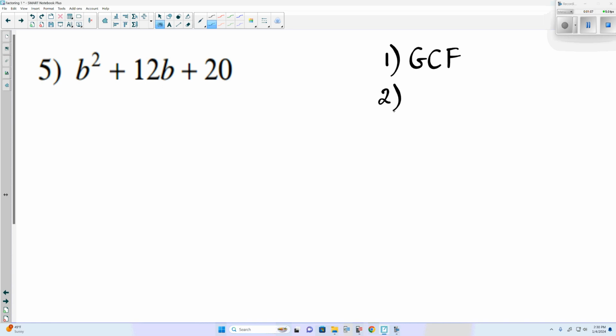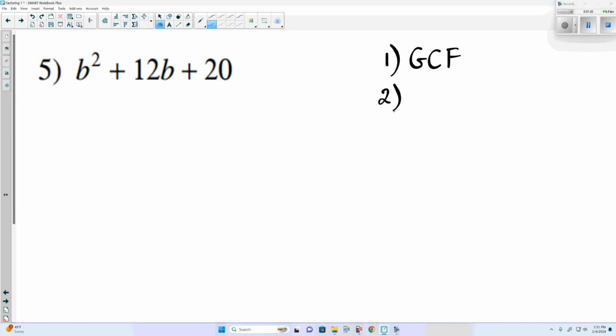If we look at this problem, b squared plus 12b plus 20, is there a greatest common factor between these three terms? Well, 12 and 20 do have a common factor of 2, but not b squared. So there's not a greatest common factor here. There won't always be one, but if there is one, we want to factor it out.